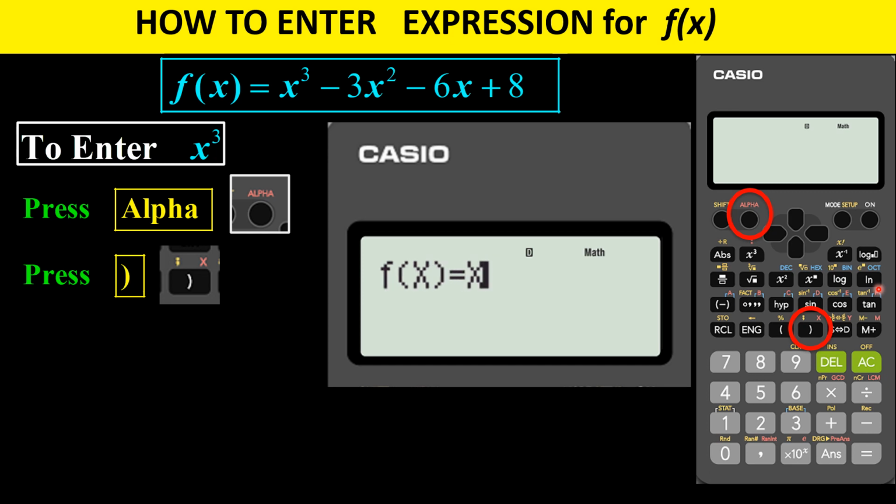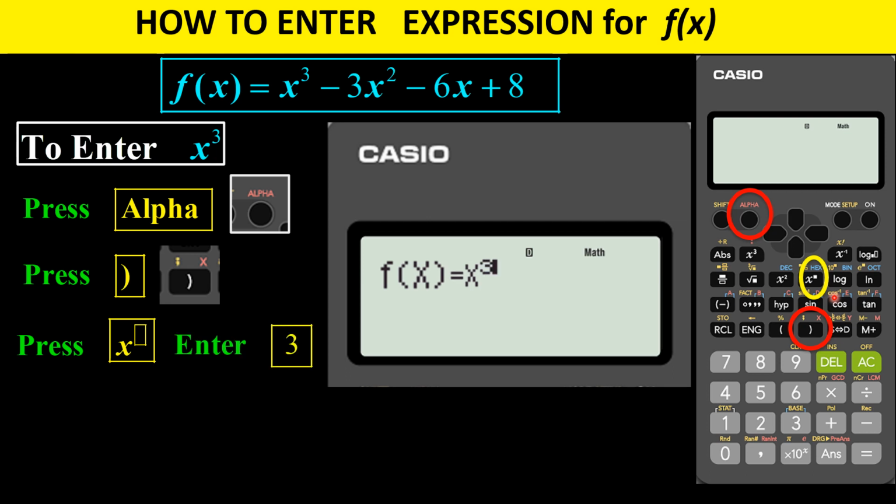Now you press this power key here, x to the power. If you press that, you'll see that appear on your screen. And then because you want a cube, you enter a 3. Once you enter the 3, there you've got x cubed.